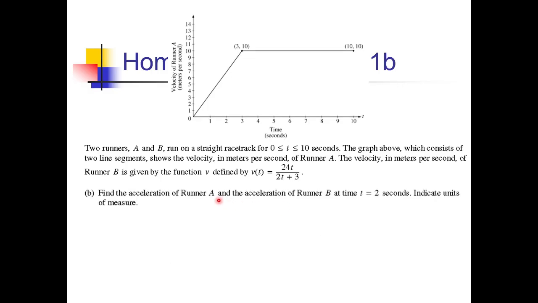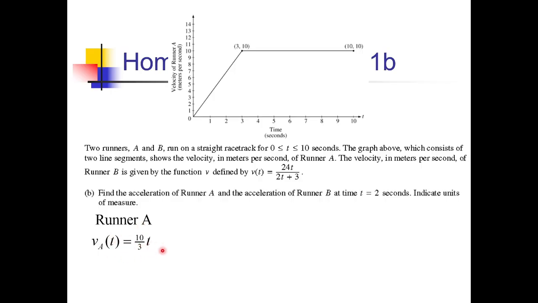For part B of this problem, they want us to find the acceleration of runners A and B at time 2 with units of measure. In both cases, I'm going to be taking the derivative of velocity and plugging in 2 to find the acceleration at that time. So for runner A, the velocity was 10/3 t.